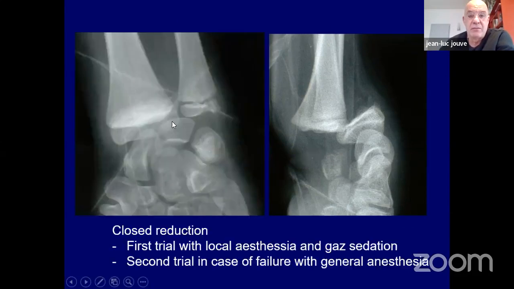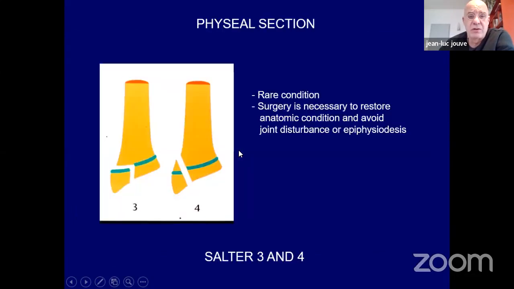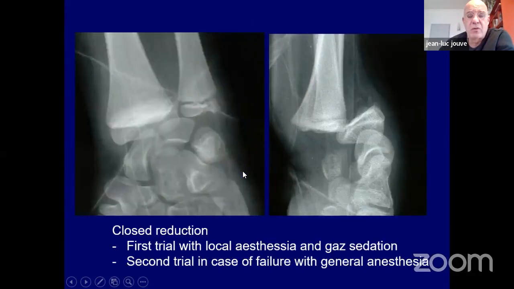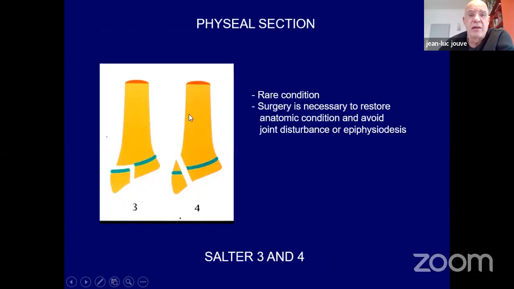And this is an example of a Salter 1 fracture, and with this Salter 1 fracture, we will have a quite easy and good reduction. In case of physeal section, the prognosis is poor.